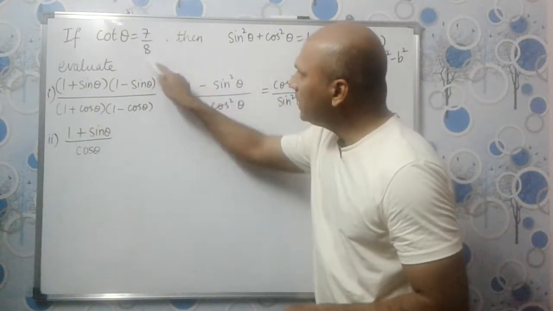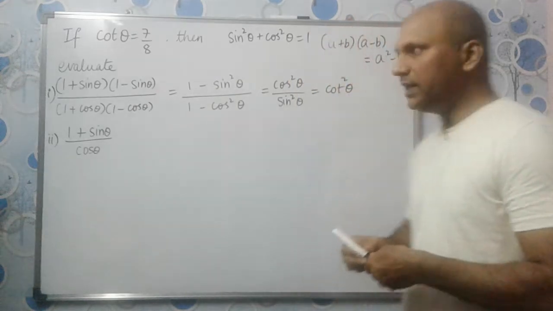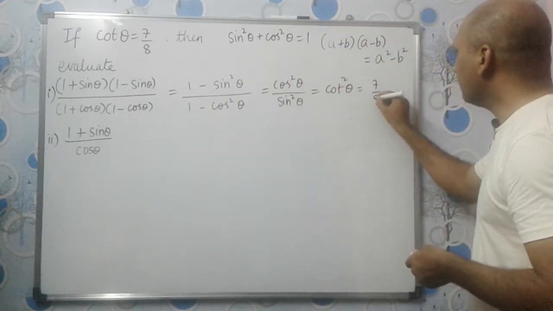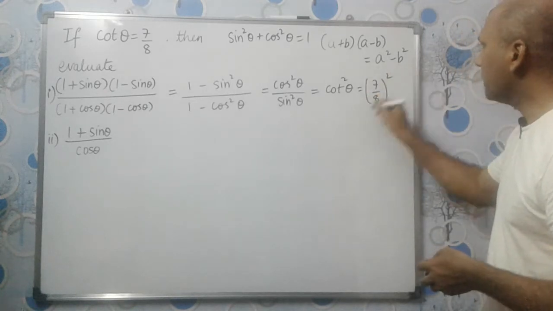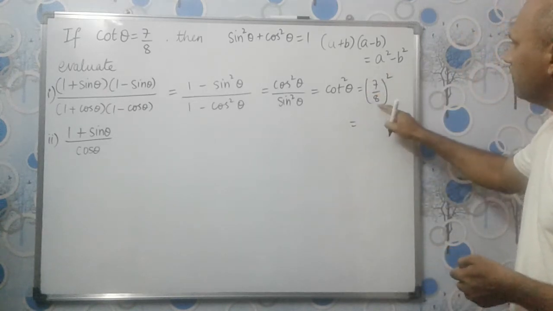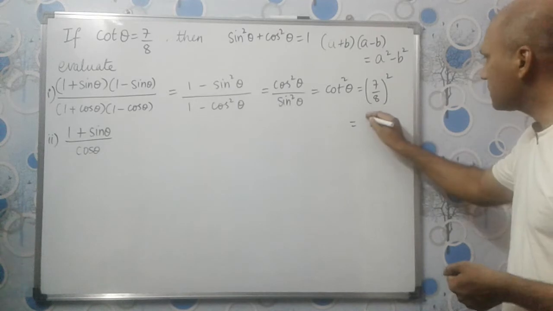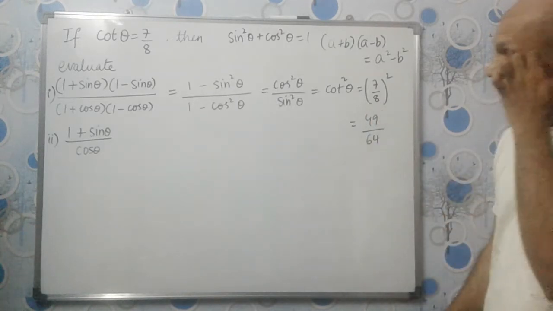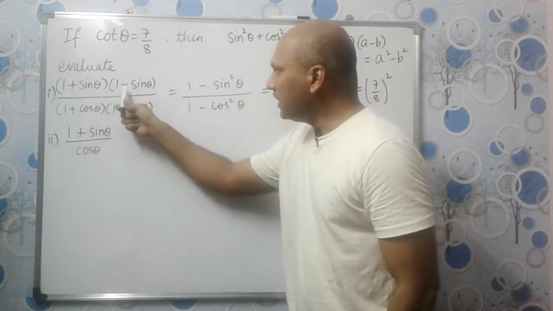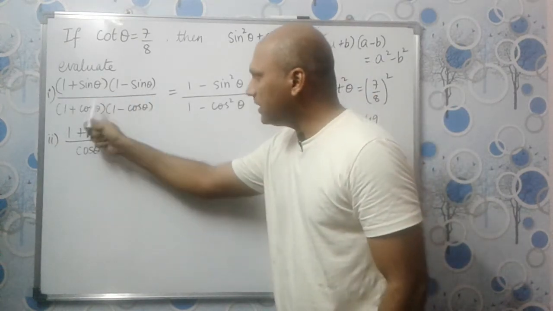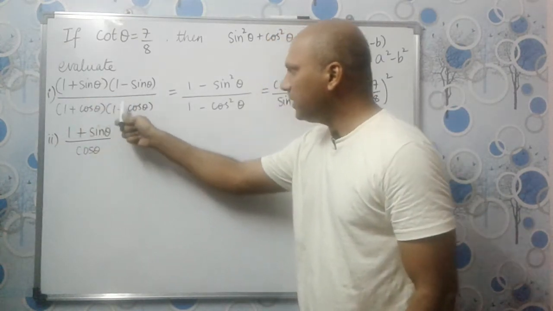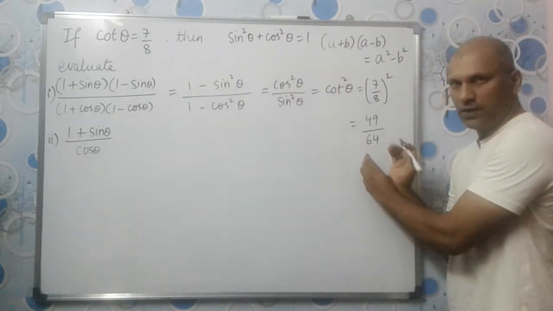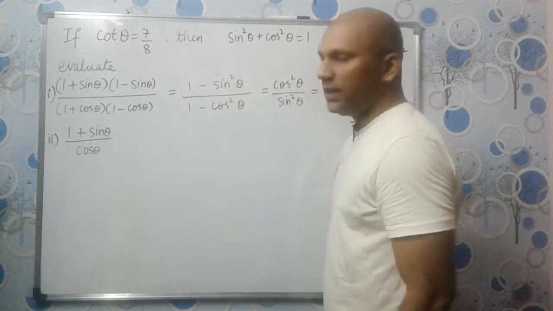Cot is already given to us in the question. It is 7 by 8. Let us substitute that value here. So this is 7 divided by 8 whole square, so 7 square divided by 8 square. 7 square is 49, 8 square is 64. So (1 plus sin theta)(1 minus sin theta) divided by (1 plus cos theta)(1 minus cos theta) is equal to 49 by 64 if cot theta is equal to 7 by 8.